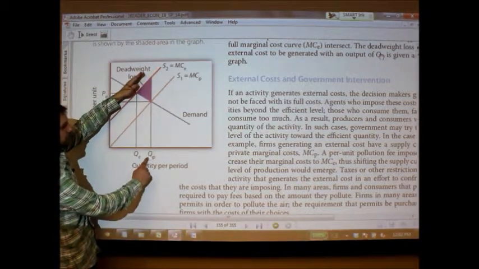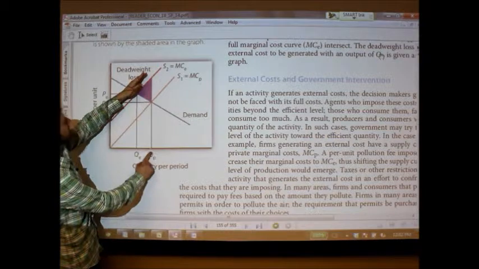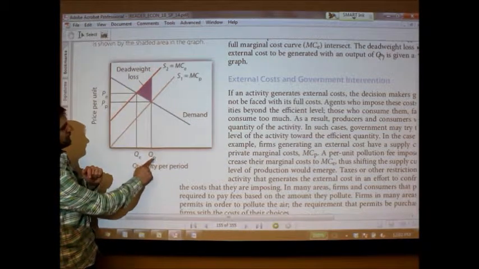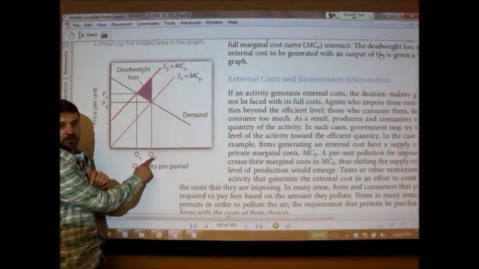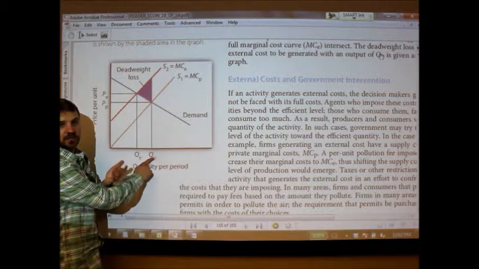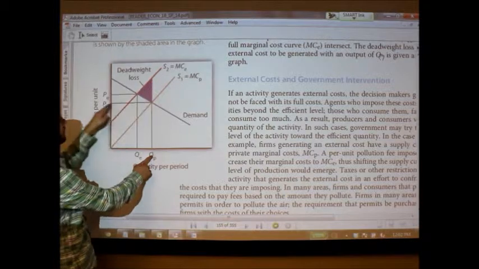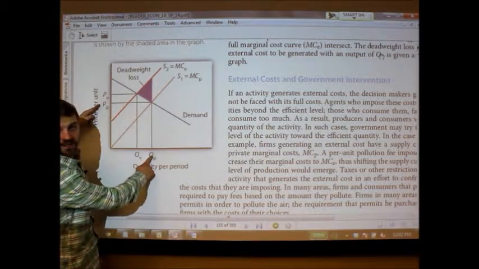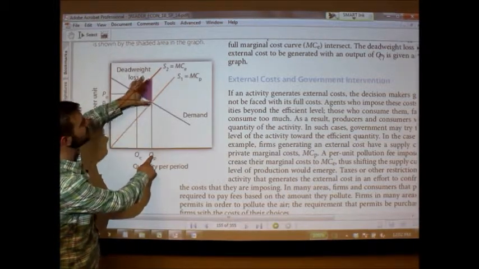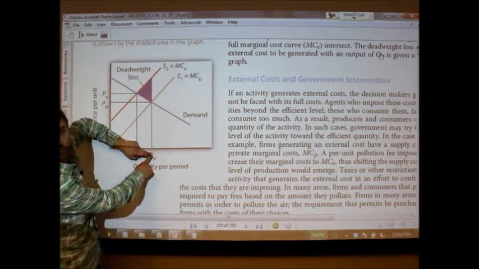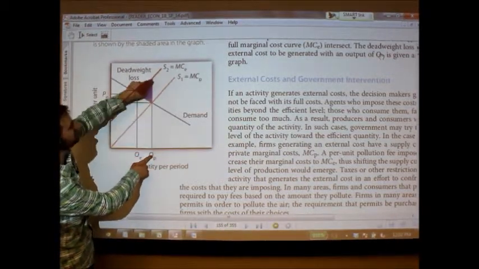Producing, say this is Q, P, this is the quantity of gasoline consumed. Consuming that quantity doesn't only cost what might be the cost of buying the gasoline, but you have to also add in that external cost, so that the true social cost of burning a gallon of gasoline is higher.